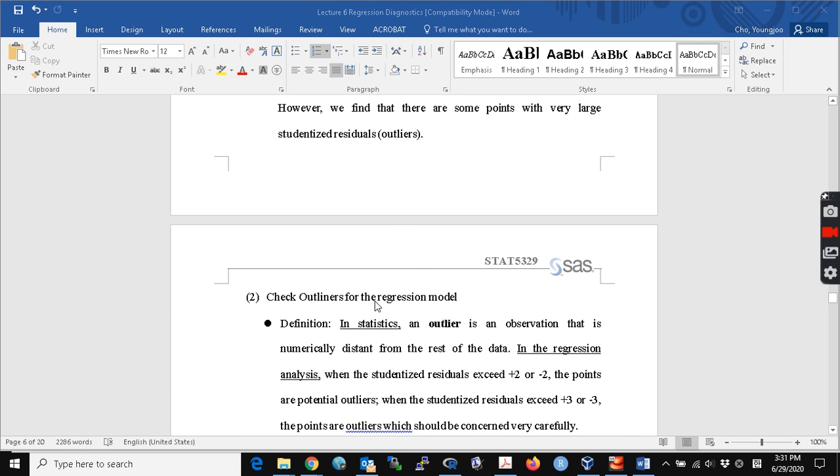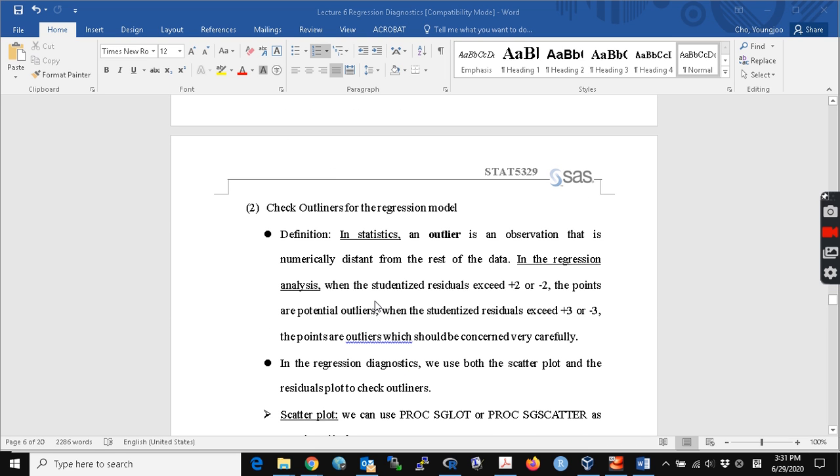The second thing we need to do is check for outliers. An outlier is an observation that is numerically distant from the rest of the data, so it is usually an extreme value. In regression analysis, if the studentized residual exceeds +2 or -2, the points are potential outliers.